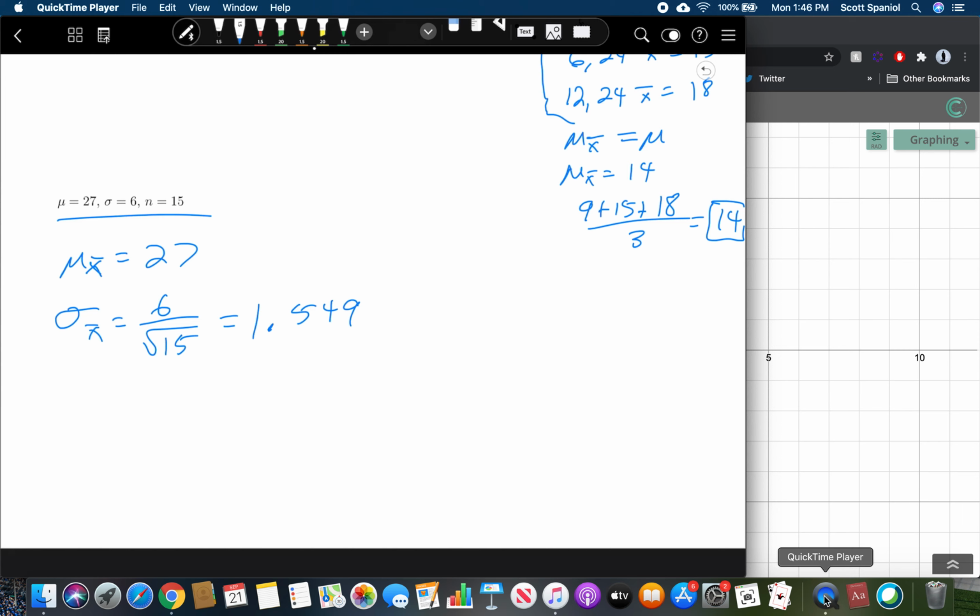Now, where this is going to be useful later on is when we're trying to decide if the population has changed, or if we want to know what's the range around our sample result where we would expect the population to fall? This is really important anytime there's an election.